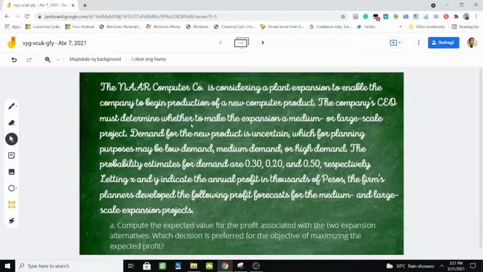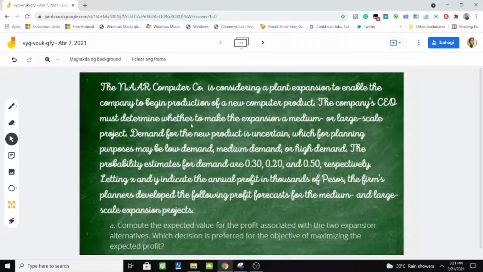The probability estimates for demand are 0.30, 0.20, and 0.50, respectively. Letting X and Y indicate the annual profit in thousands of pesos, the firm's planners develop the following profit forecast for the medium and large scale expansion project.